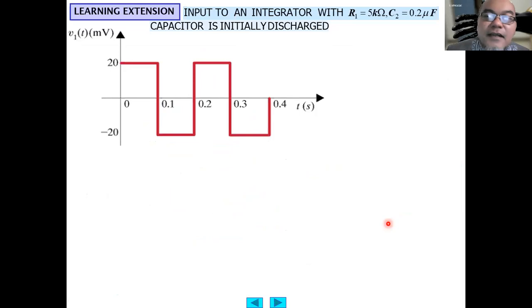Now, for an integrator. Remember the integrator circuit: you have the source, first the resistor connected, then the capacitor.